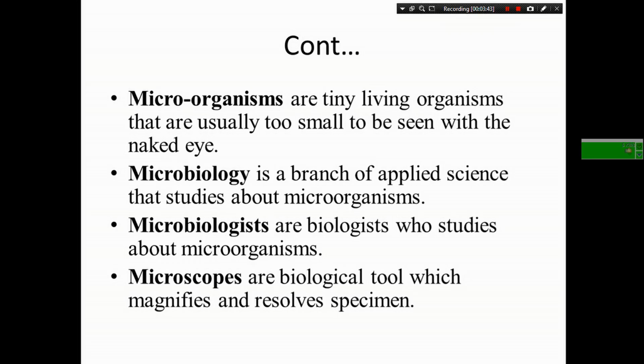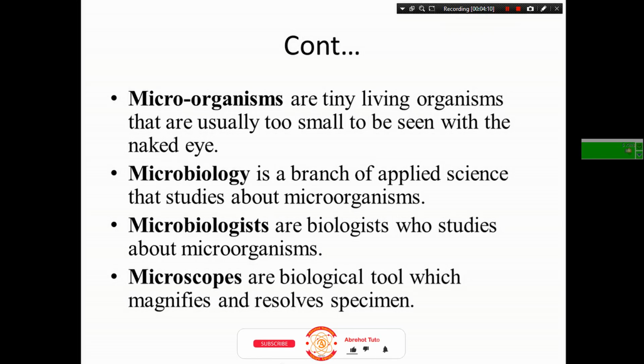You are familiar with this word because you have learned it in chapter 2. Resolving power means the ability of the microscope, how much detail it is able to show. The microscope also has another main function, resolution, separating the parts of a specimen. A specimen is an object to be examined under a microscope.